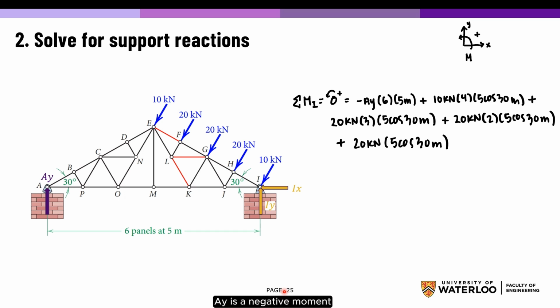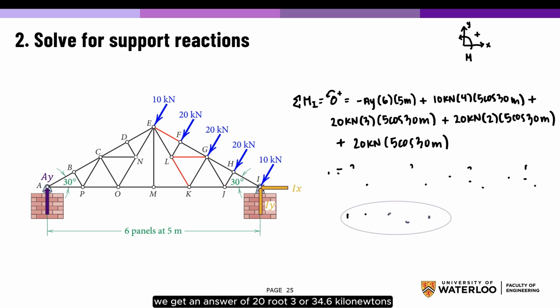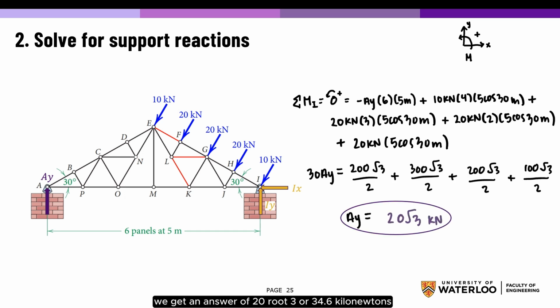AY is a negative moment and is 6 of the 5 meter panels away from I. Each of the external loads are positive. The 10 kilonewtons near E is 4 of the 4.3 meter panels away. The 20 kilonewtons at F is 3 of the 4.3 meter panels away, and so on. Solving for AY, we get an answer of 20 root 3, or 34.6 kilonewtons.